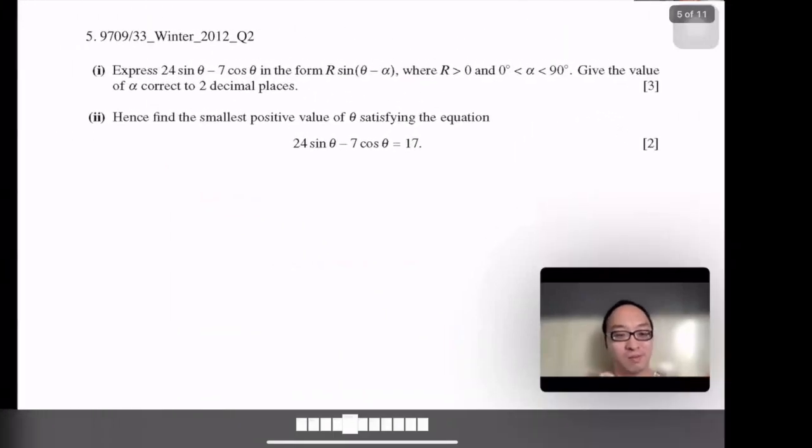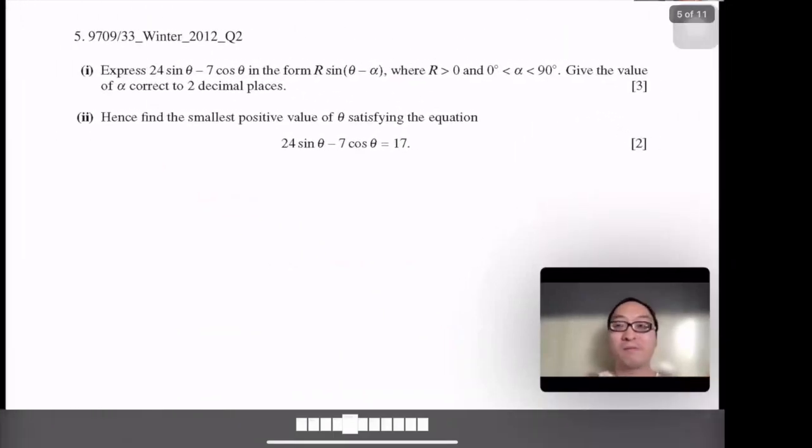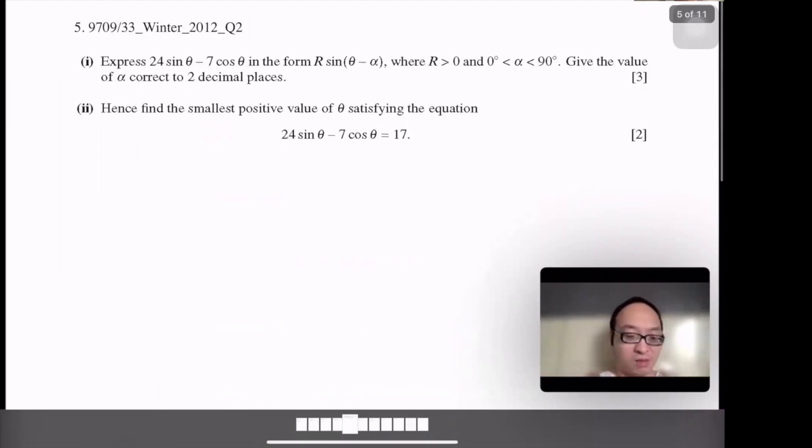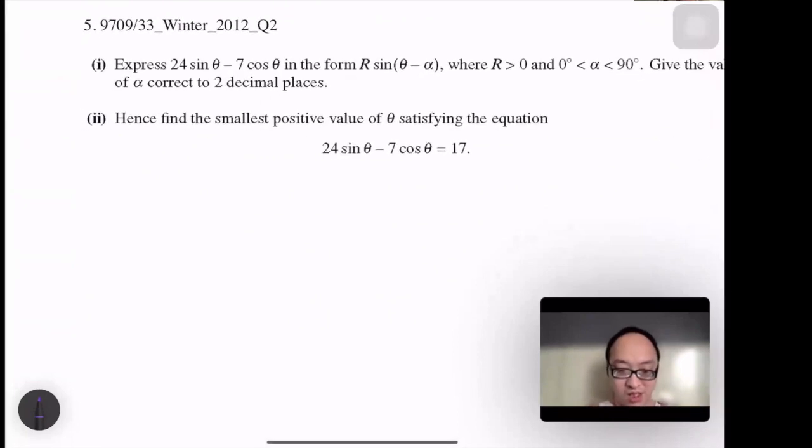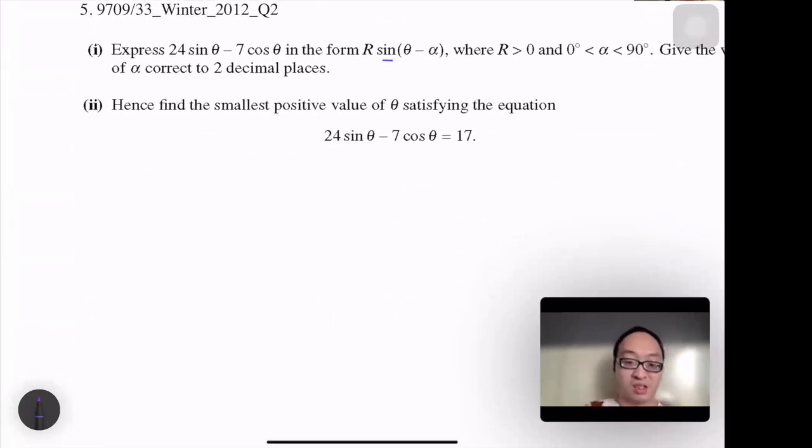Move on, number 5. Express, this is the same question, but now it's sine. So we can use the same formula. Find R first. Square root of, this is A, this is B. Now, the B here is negative, so just ignore the negative.